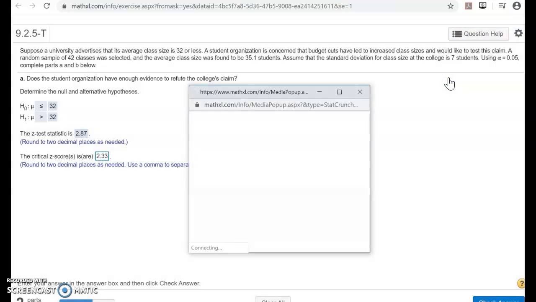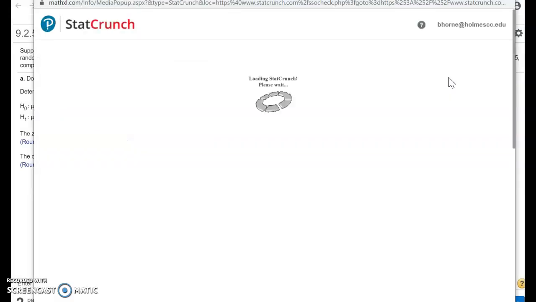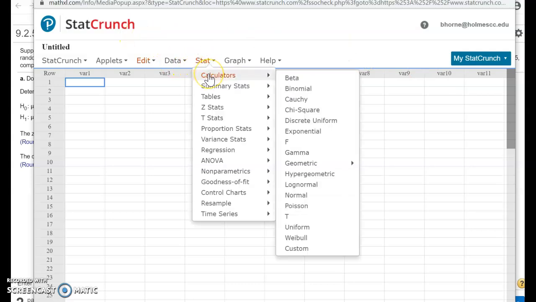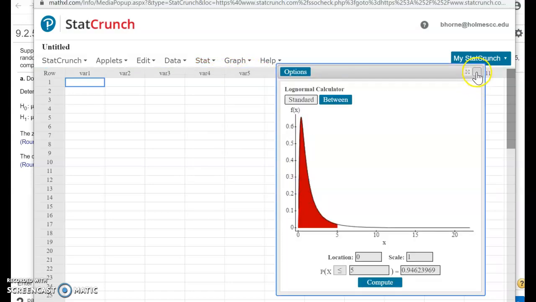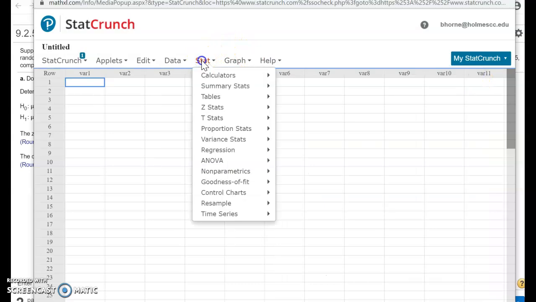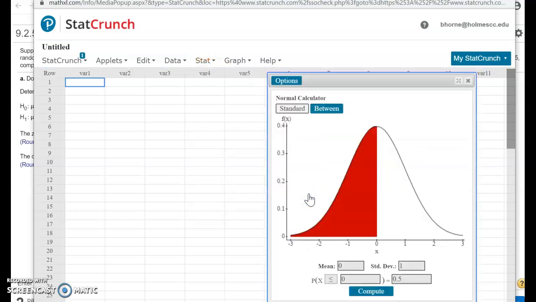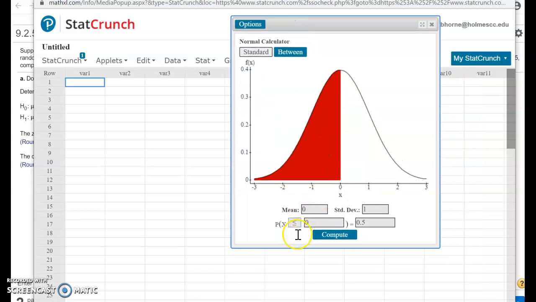So we're going to open StatCrunch, and you're going to go to Stat Calculators and go to Normal. And then once you get into normal, you're going to click on greater than.